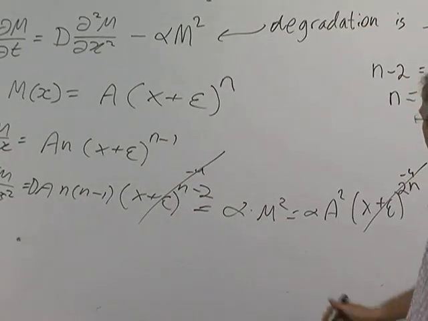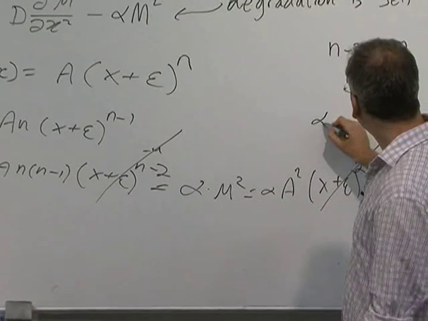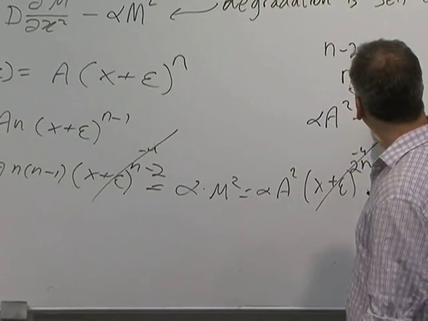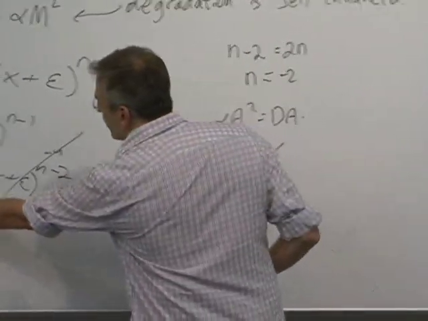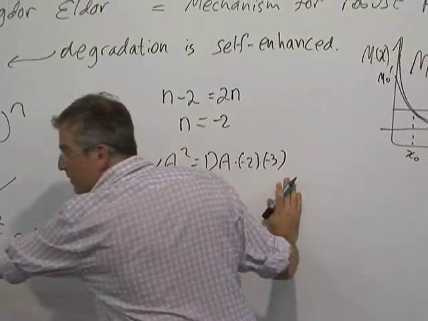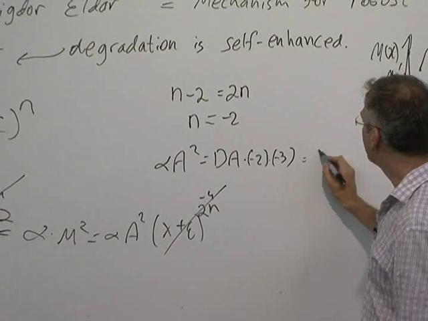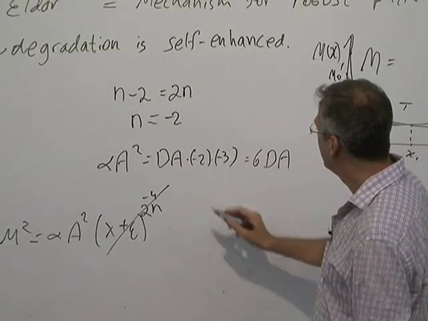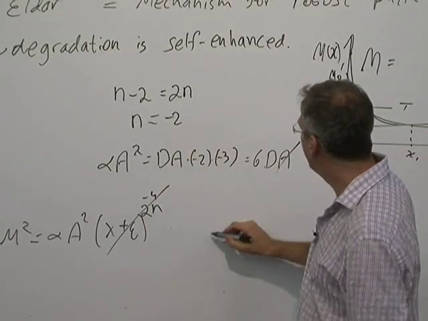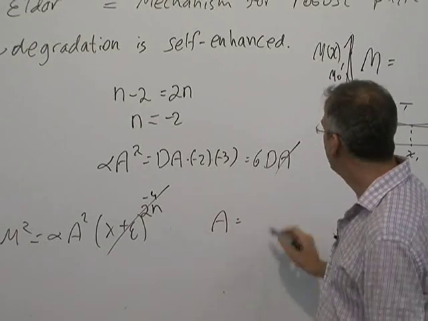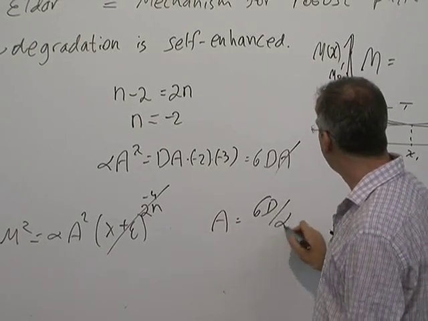Now let's look at A. Alpha A squared equals dA times minus 2 times minus 3, right? Because I plugged in n equals minus 2, which is 6 dA. Therefore, A equals 6d over alpha.